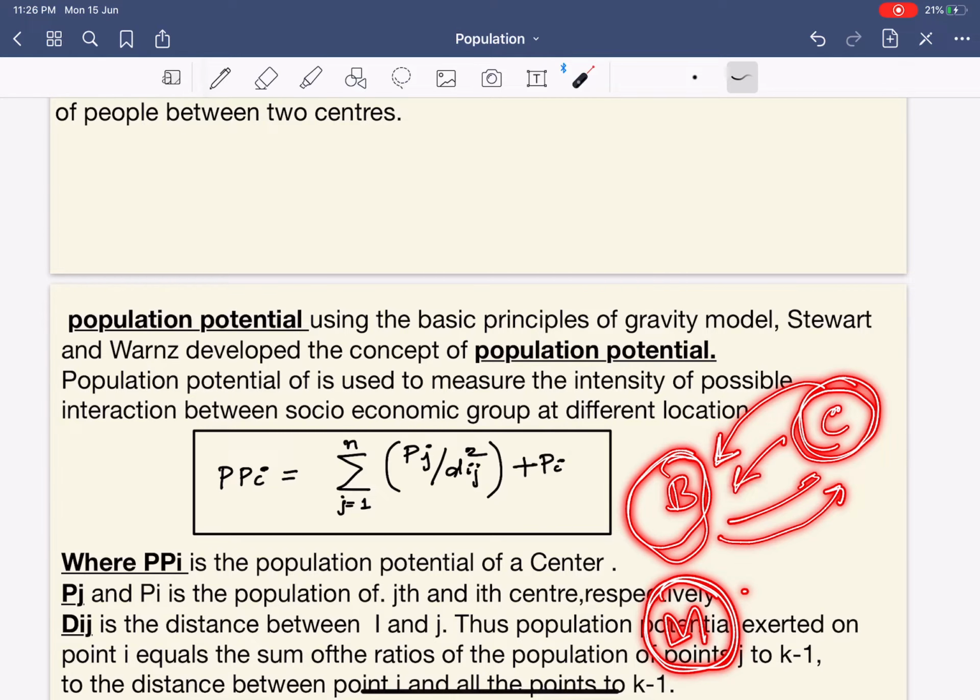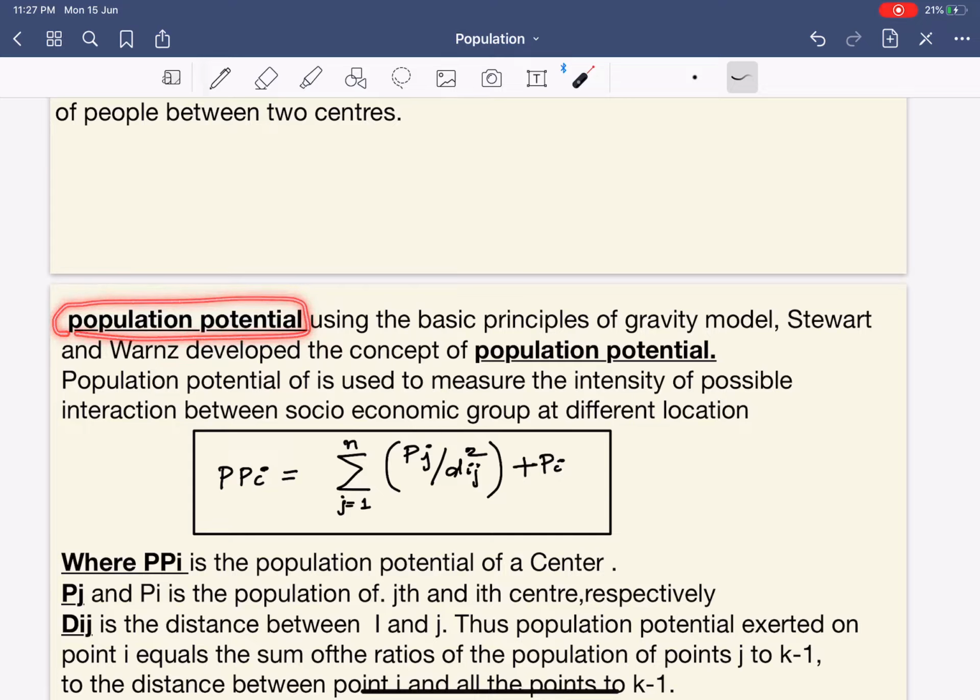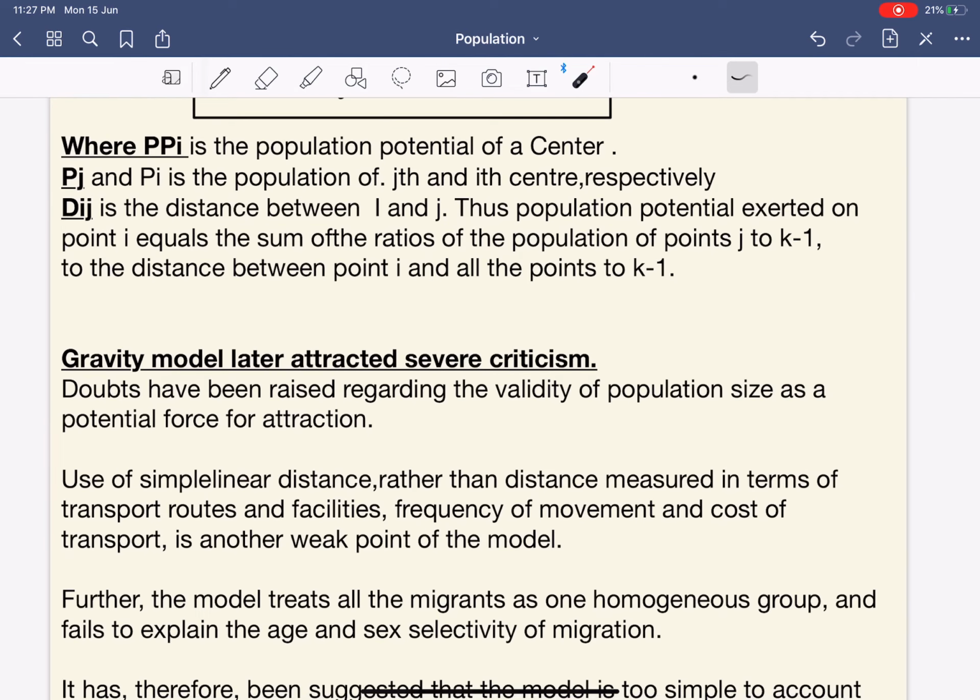Whereas on the other hand, Malkangiri is separated by approximately 1,000 kilometer distance. So in this context, you can say that population potential analyzes the interaction between the population which are located nearby.